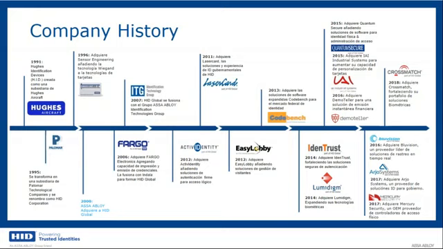HID has been buying or adding some other enterprises with different solutions that have helped us to create a more secure environment with different kinds of solutions, such as Fargo, as you know, those are the printers, Easy Lobby, that is our visitor management system software, and well, right now we also have Blue Vision for tracking.